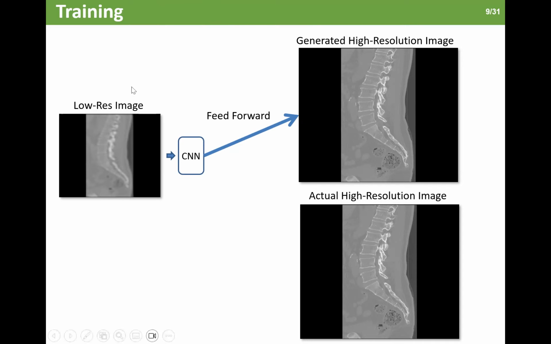This low resolution image was generated from it, so we know what the answer should be. So we can compute our PSNR and use that for backprop to adjust the weights in our network. And then we rinse and repeat.